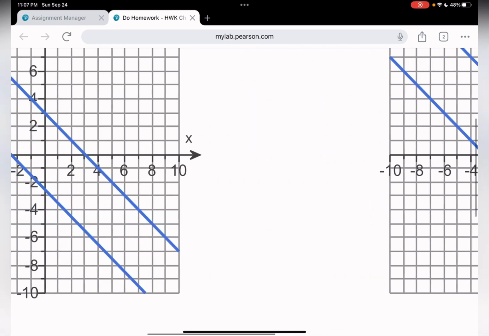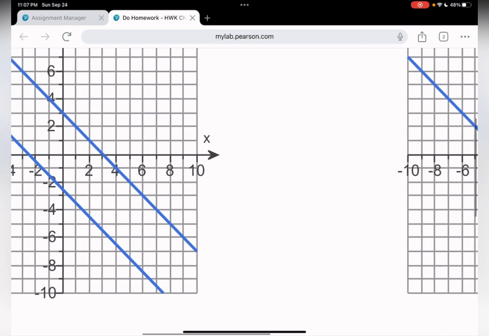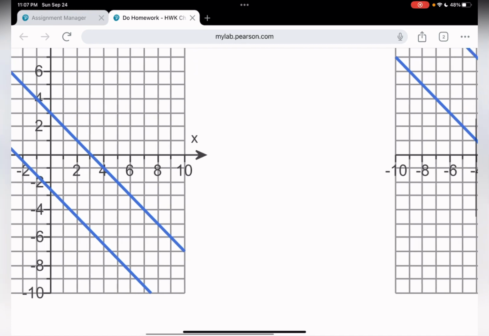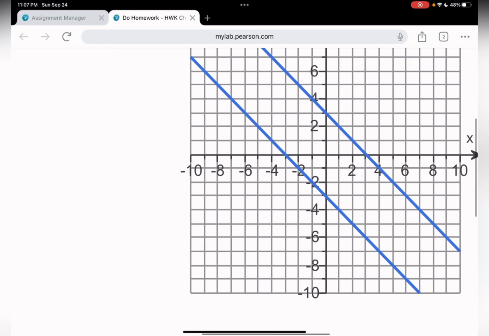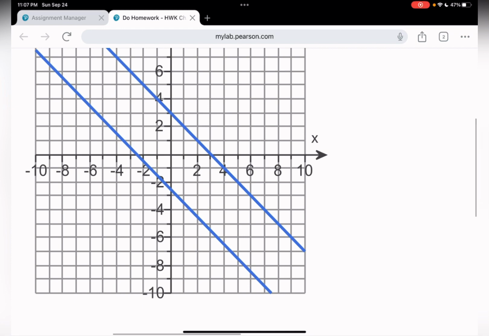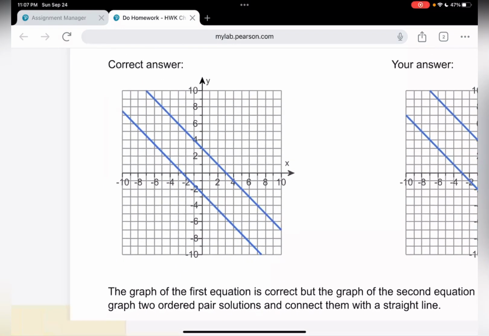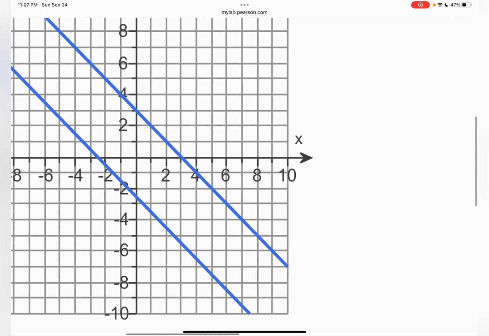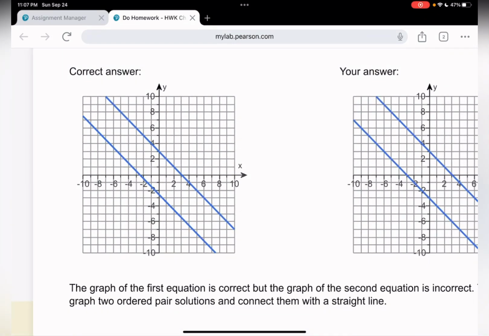Let me see. 0, 3 and 3, 0. Okay. Second one, I have negative 2 point and negative 2. No, it has shifted. It's negative 2, negative 2, so their answer is incorrect. Mine is correct.